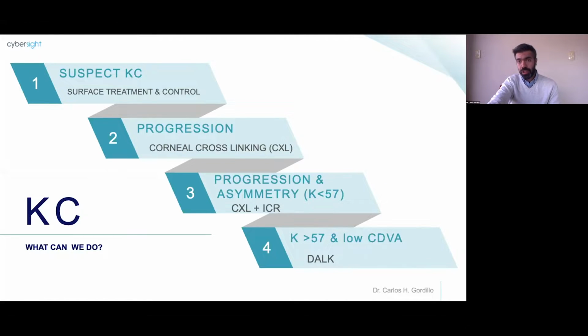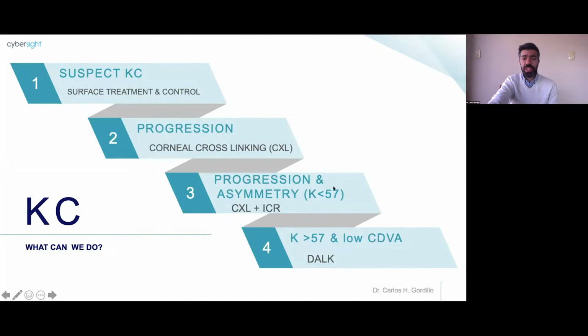If you have progression, you need to indicate cross-linking. We have been performing cross-linking in young people, and our youngest patient is 10 years old, because the progression was increasing very badly, and we need to halt the progression to avoid the asymmetry.